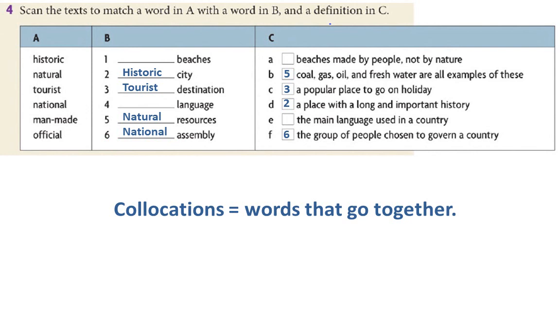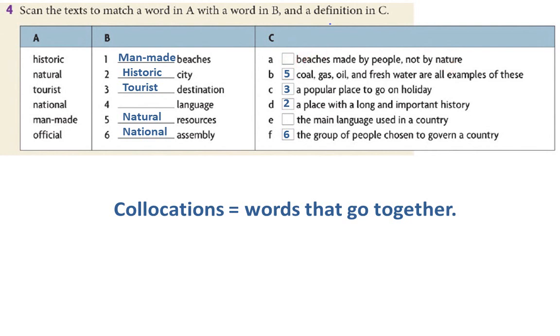We have now man-made beaches, and its definition is beaches made by people, not by nature. It is a kind of beach made by people, not by nature.